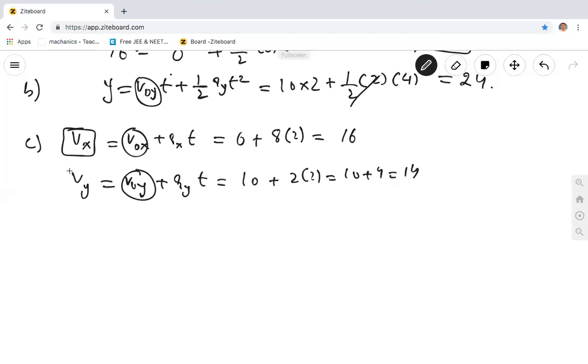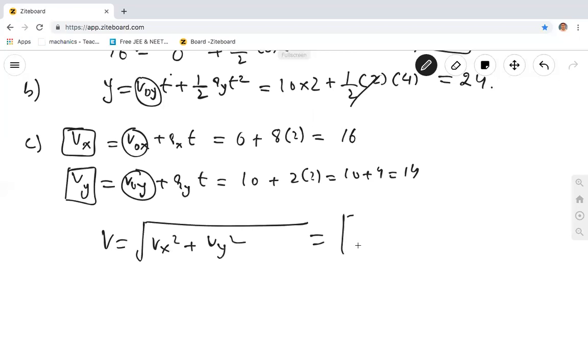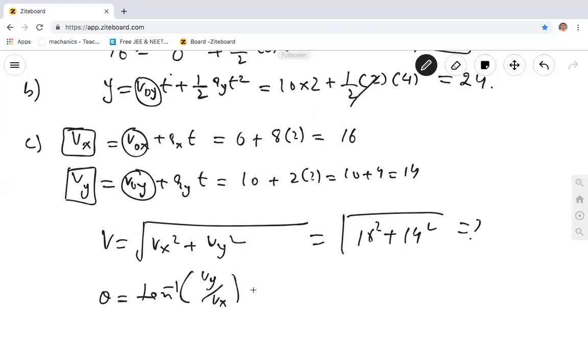Can you tell me what is speed now? Under root of Vx square plus Vy square. That is root of 16 square plus 14 square. That you can find. What is the angle the velocity makes with the x-axis? Tan inverse Vy by Vx. The angle theta forms with the denominator here, I have told you that, right?